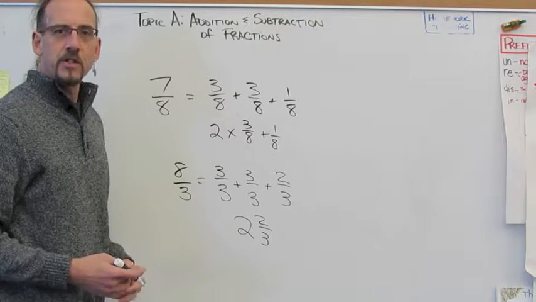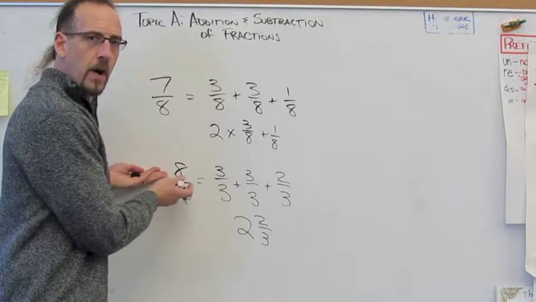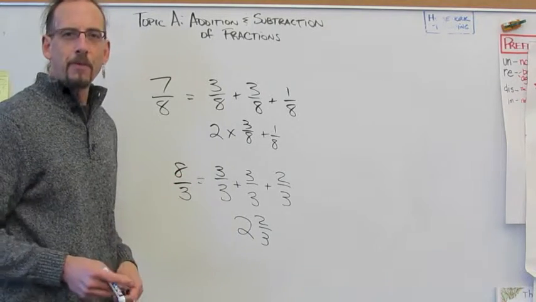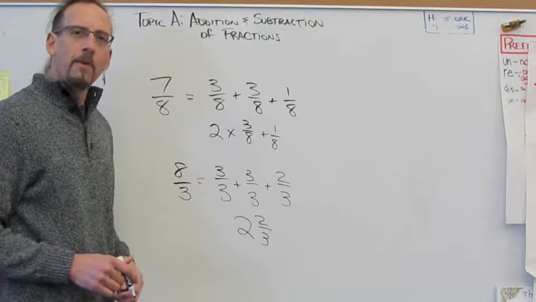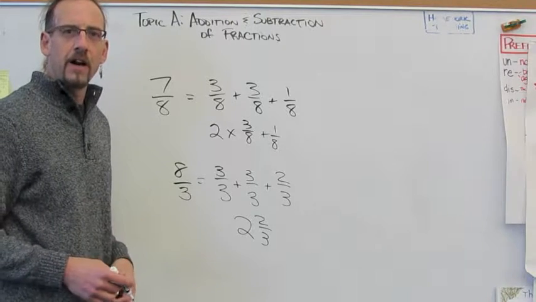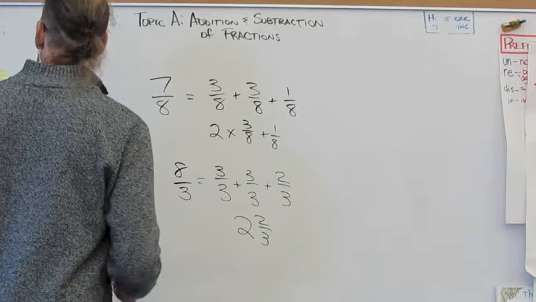This is all preparation for helping kids to be able to turn fractions that are greater than 1 into mixed numbers. Now you may call this an improper fraction. It might have been what you were taught when you were in school. We don't really call them improper fractions anymore. We call them fractions that are greater than 1 because that's what they really are. There's nothing really improper about them.